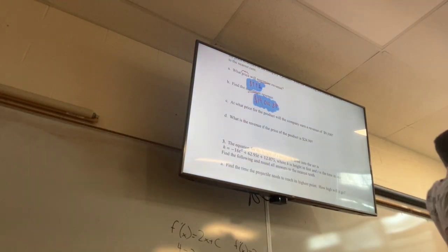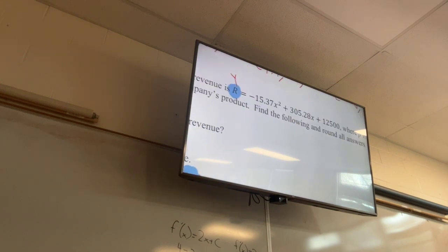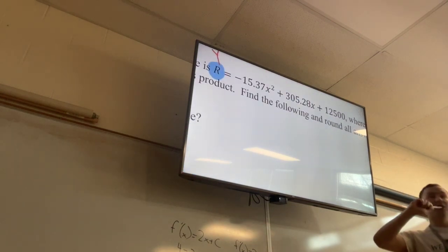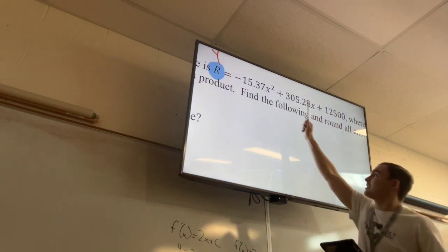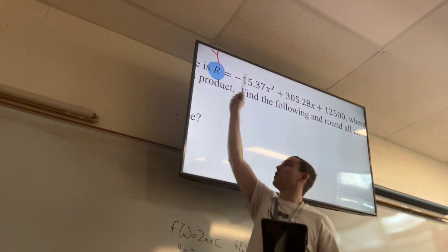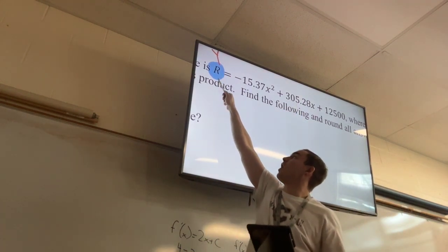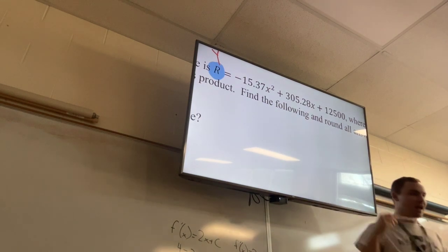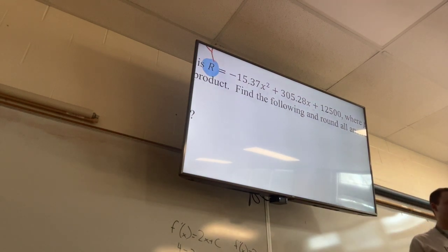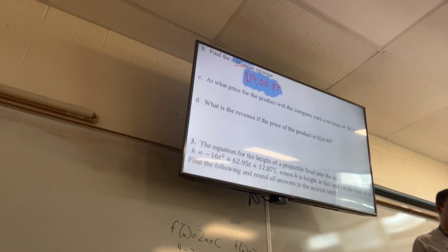All right, Algebra 2 word problems. Many Algebra 2 word problems, they give you an equation. What they'll do is they'll give you x and have you solve for r, or they'll give you r and have you solve for x. That's like 90% of Algebra 2 graphing word problems.